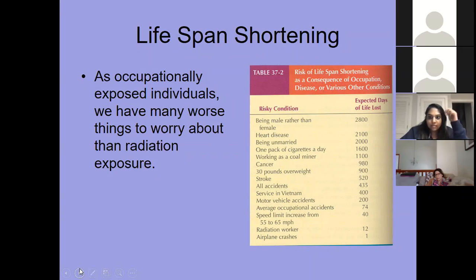So look at where we are on the scale. Radiation workers. We're grouped collectively with all other radiation workers. So the risk of lifespan shortening because of our occupation is approximately 12 days.